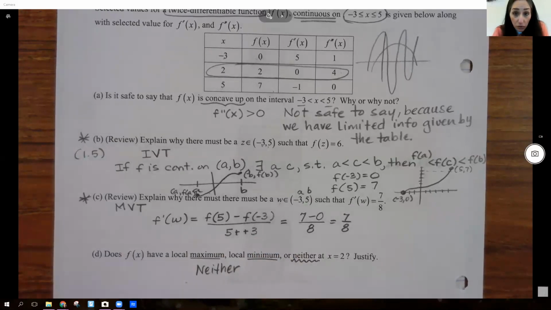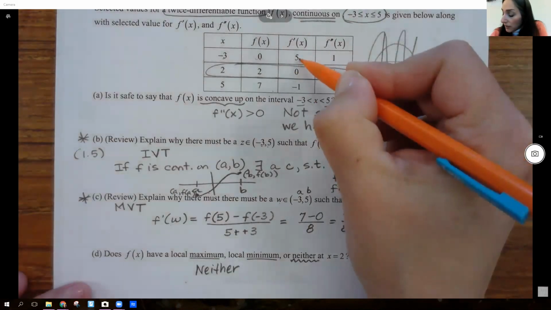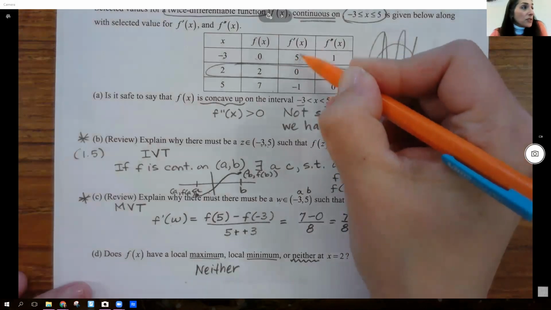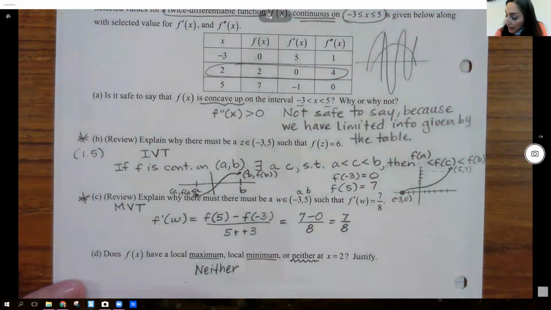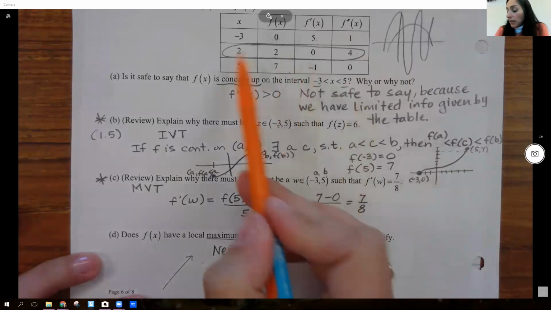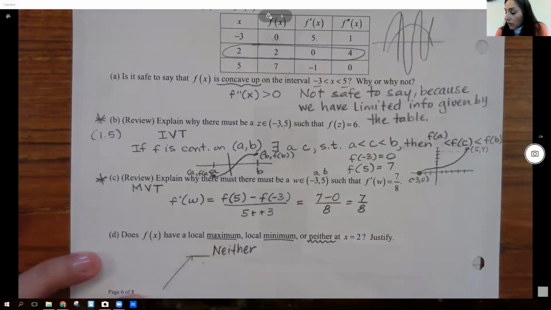It does lean towards being a minimum because, well, actually, no, I guess not, because these go against each other. Look what this says here. This 5 right here says the first derivative is positive. So that would mean the graph is going up as you approach, coming in from the right. And then this 0 means that you would be flattening out.